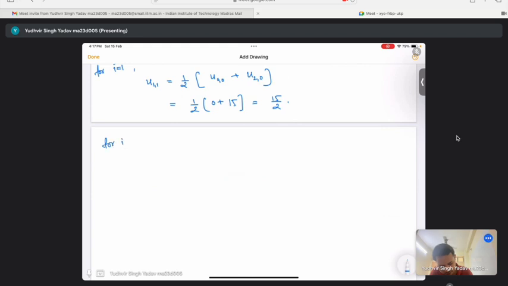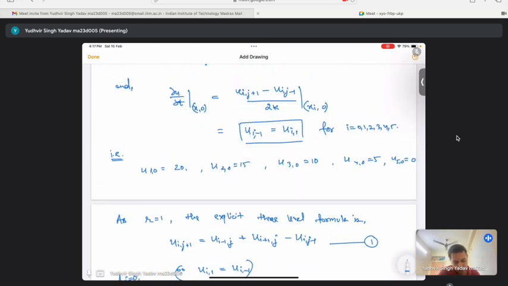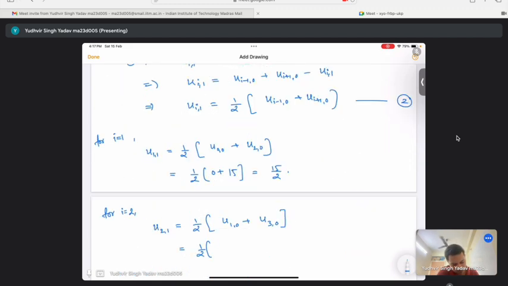Similarly, for i equals to 2, we will have u(2, 1) equals 1 by 2 times (u(1, 0) plus u(3, 0)). So it will be 1 by 2 times, here we have u(1, 0) is 20 and u(3, 0) is 10.